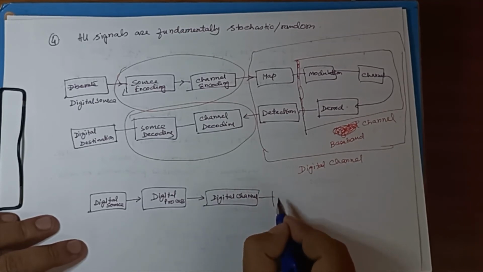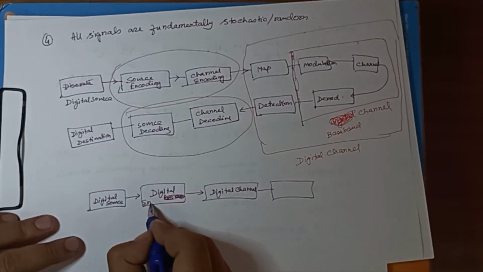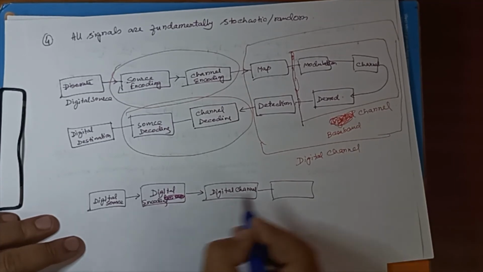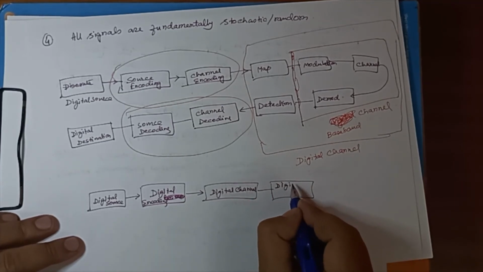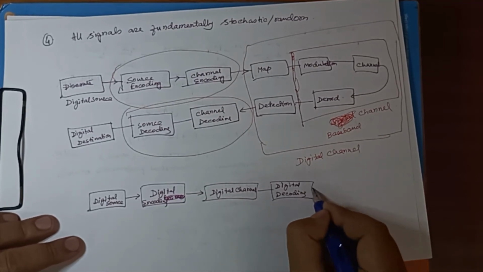Then again some digital decoding. So I can write this as digital encoding, which is source and channel encoding, and this is some digital decoding. Finally, you get the digital destination.